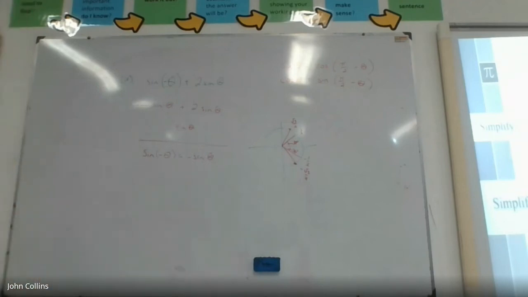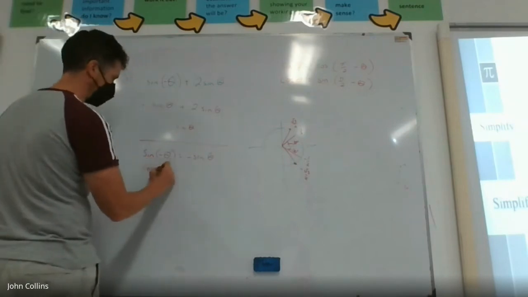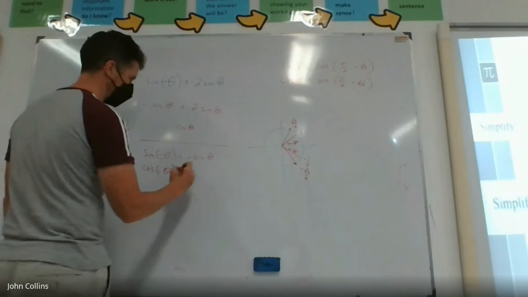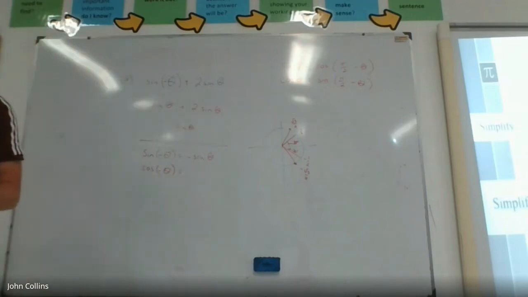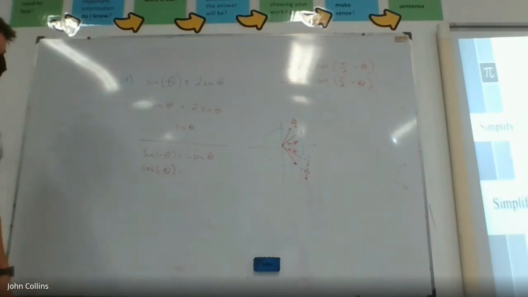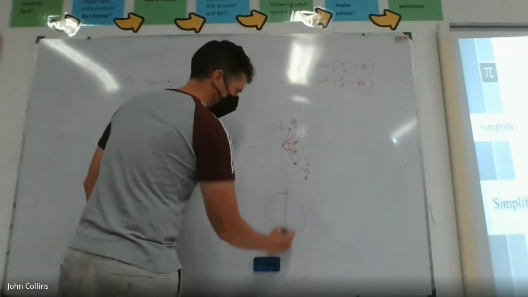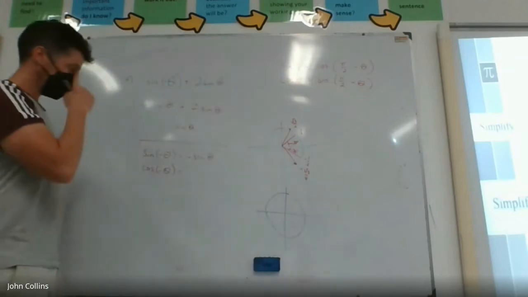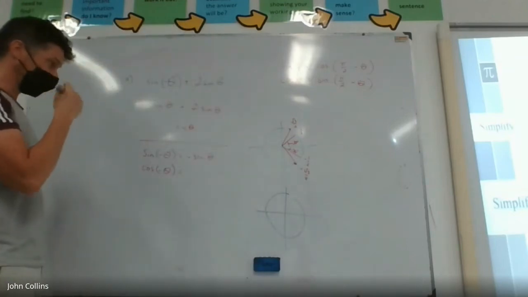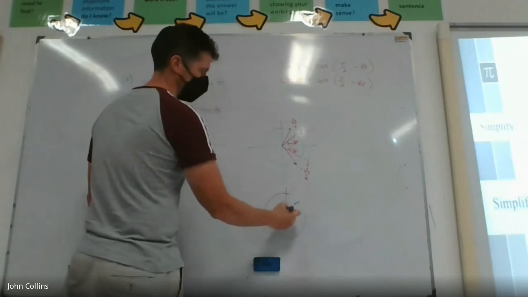And there's one with cosine as well. Cosine of a negative angle, how is that going to be related to the original angle? Is it also minus cosine? Could be, but let's have a little look. So if we know theta, this time we're looking at cosine theta.